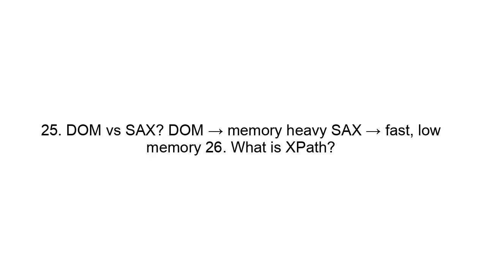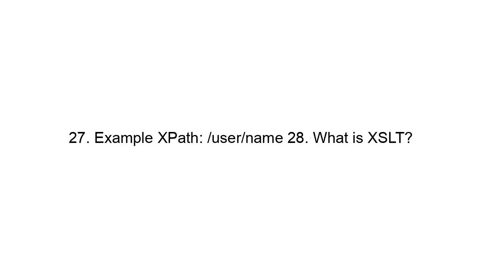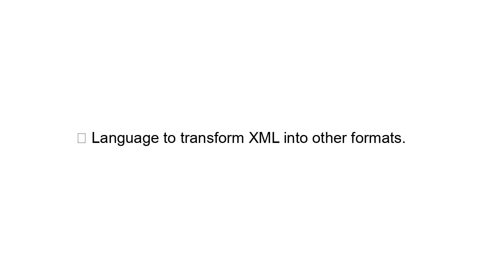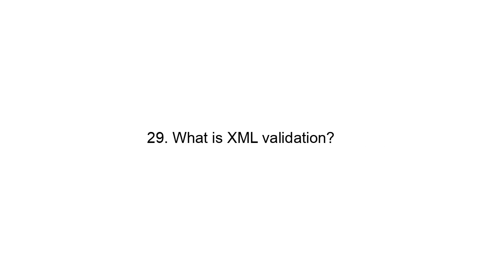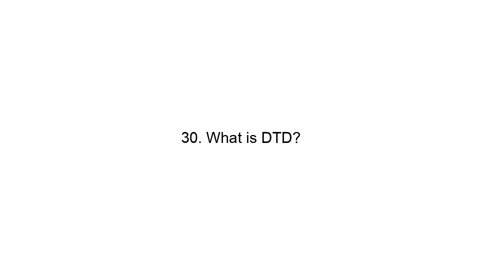26. What is XPath? Query language for XML nodes. 27. Example XPath. /user/name. 28. What is XSLT? Language to transform XML into other formats. 29. What is XML validation? Checking XML structure correctness. 30. What is DTD?